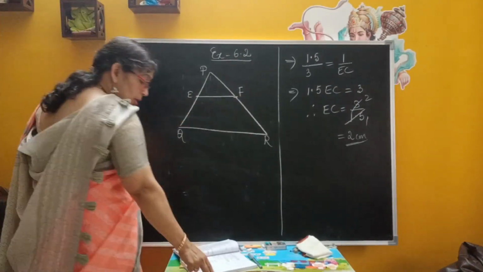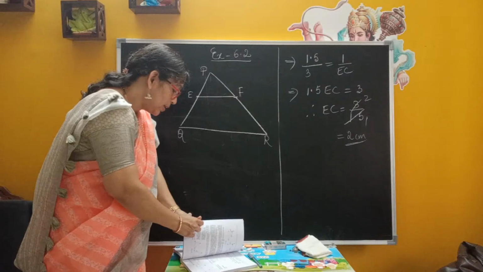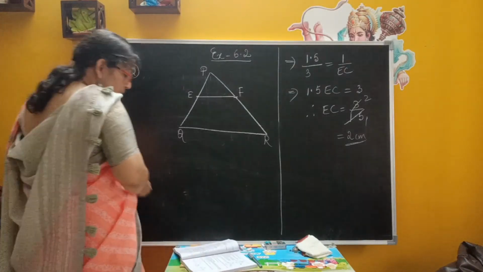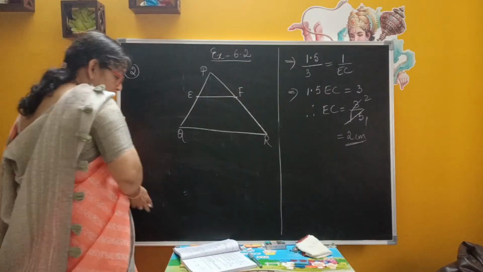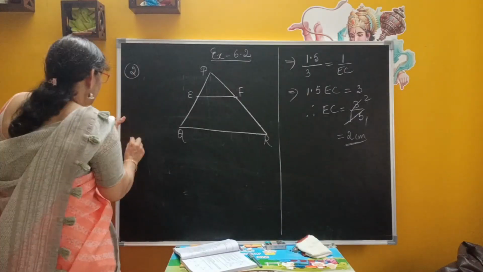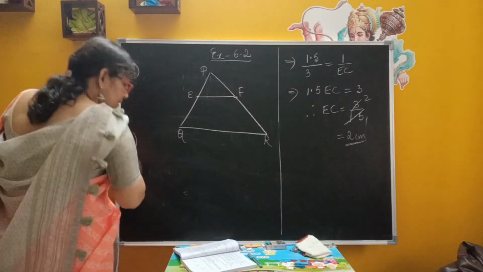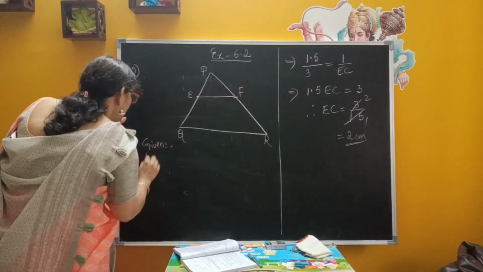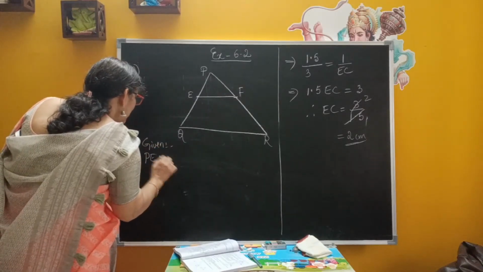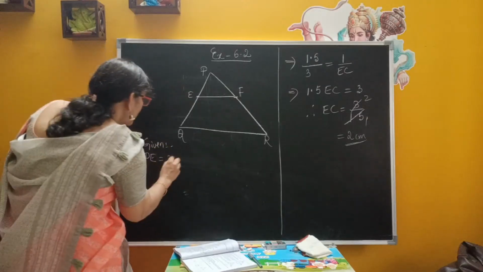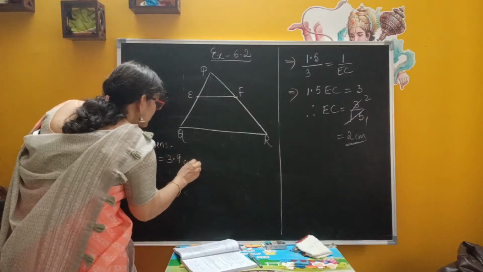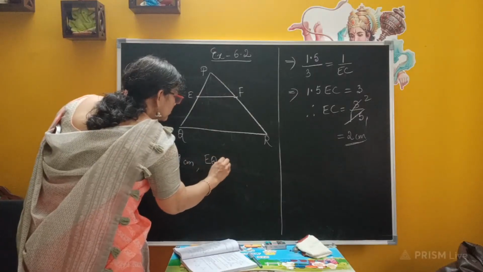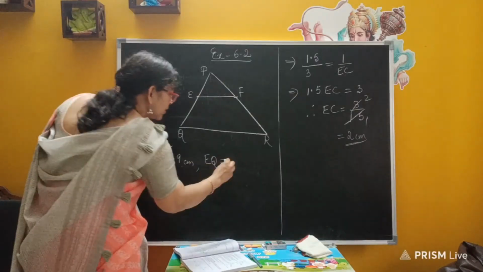So let us use this now in exercise 2.6.2. Here what is given? In the first one, it is given PE is equal to 3.9 centimeter and EQ is 3 centimeter.